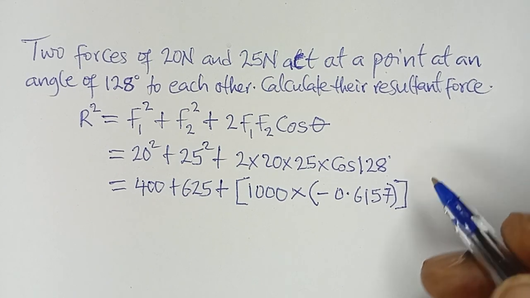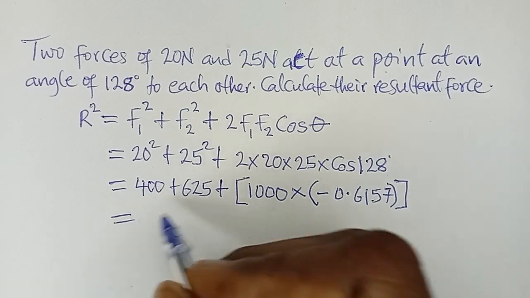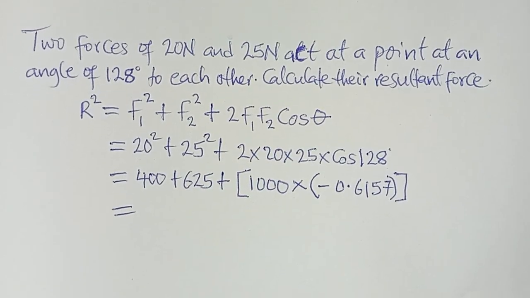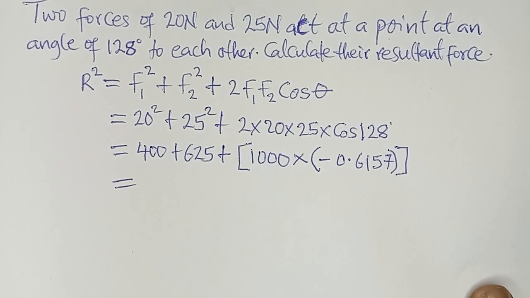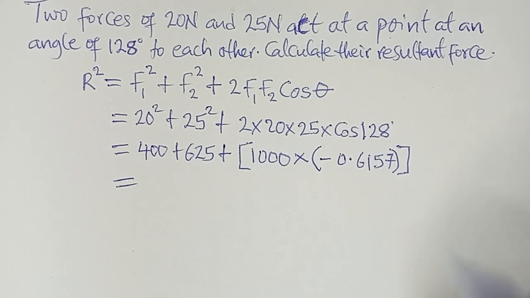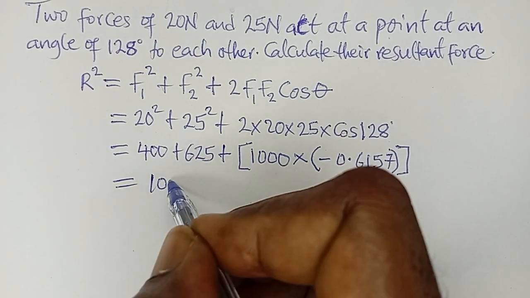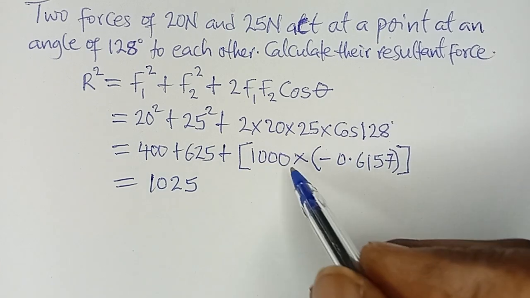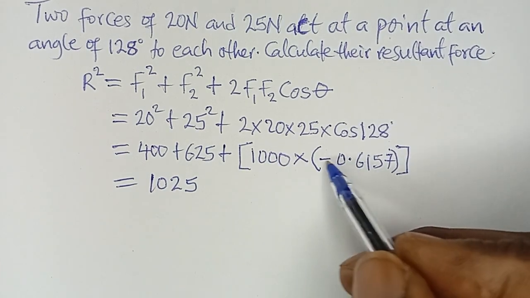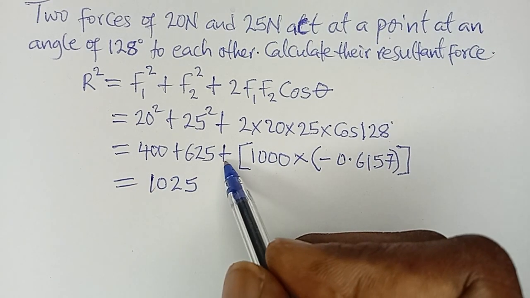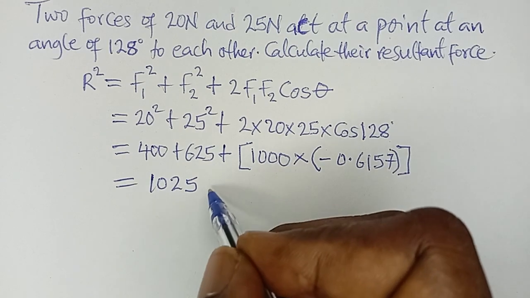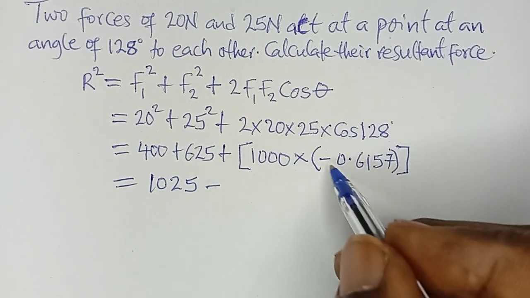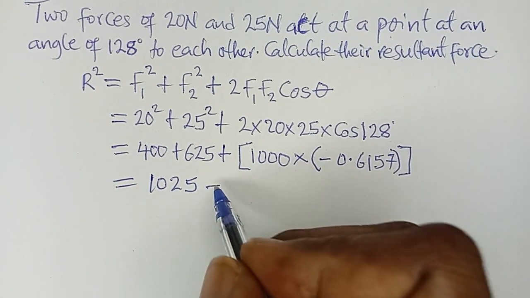Now I can continue by saying the sum of these two values will give me 1025. And then this multiplied by, because of this negative sign here is going to affect the positive sign here, and then that becomes negative, because positive multiplied by negative is a negative value.